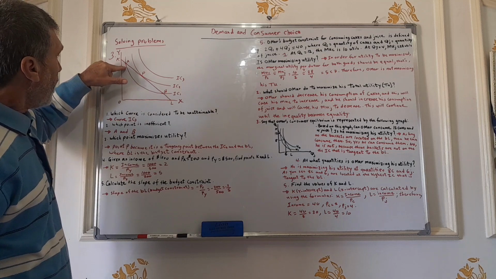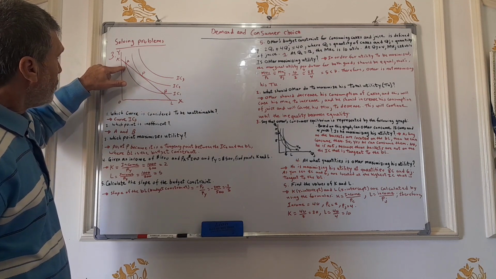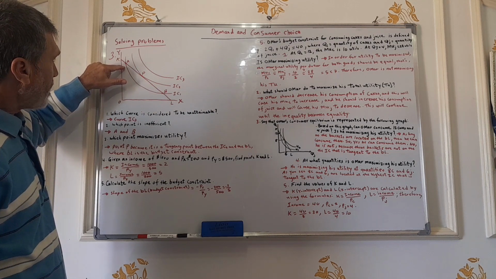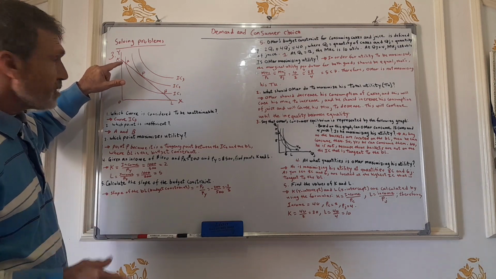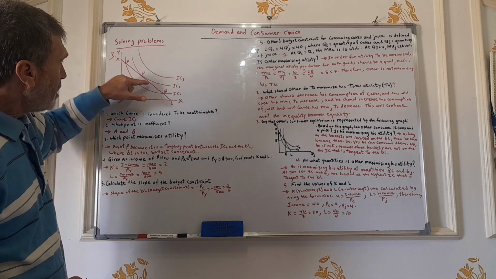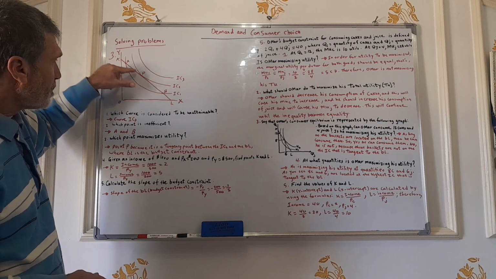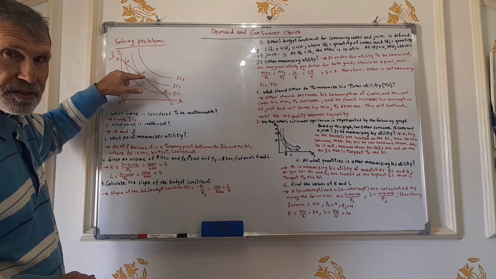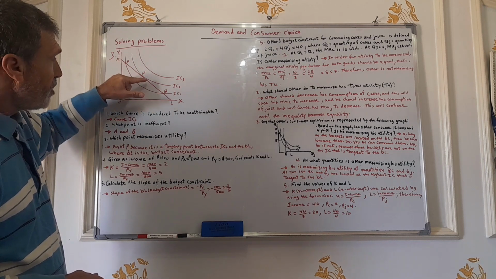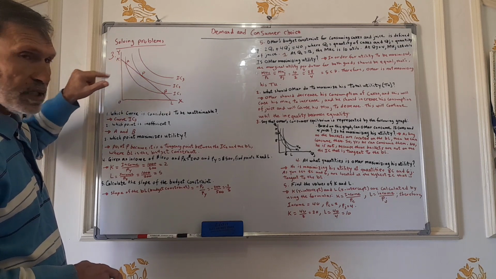So to be efficient, A and B have to be on the higher indifference curve that is tangent to the budget line.